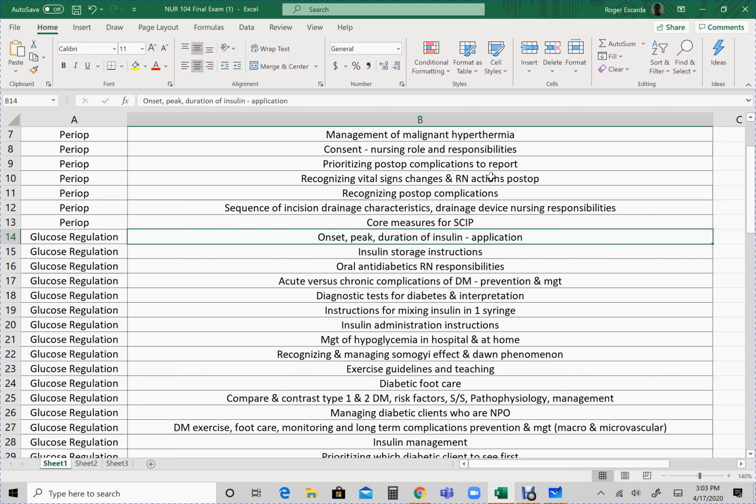On the diabetes chapter, this is specifically saying application. So onset is the basis for you to know when to administer the insulin in relation to a meal, specifically for short and fast-acting insulin.